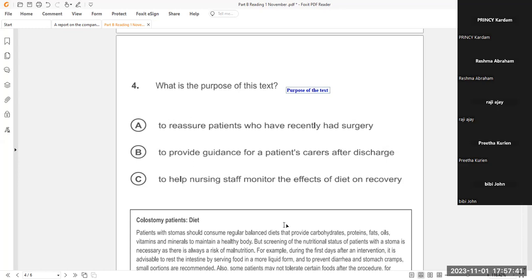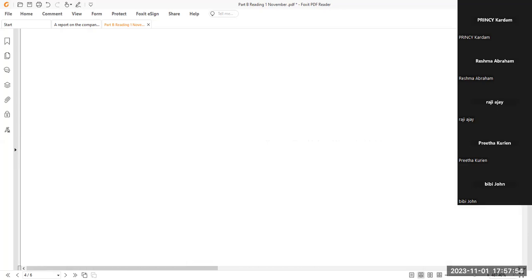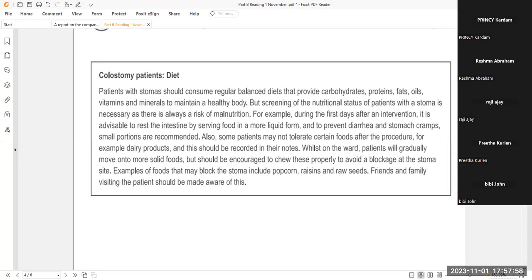Okay. Right. Let me just arrange the screen. All of you go through the extract. I'll zoom in. Go through it.